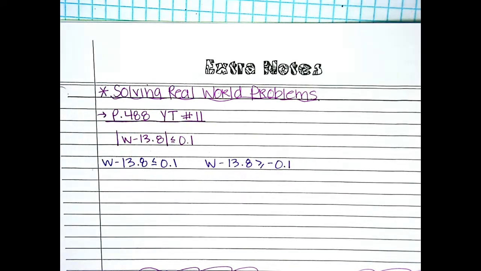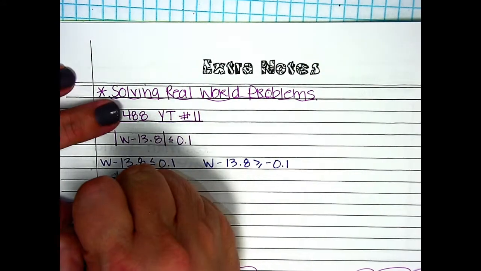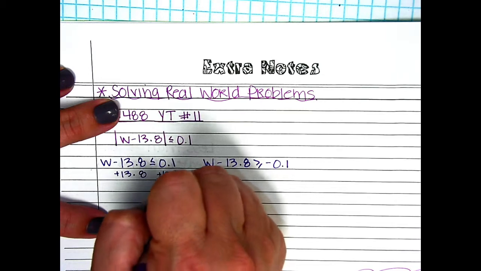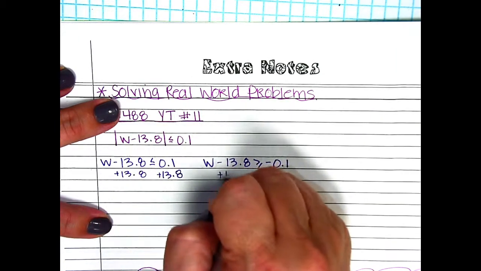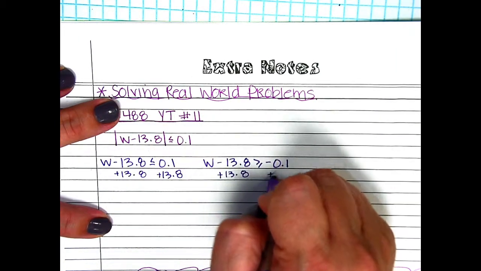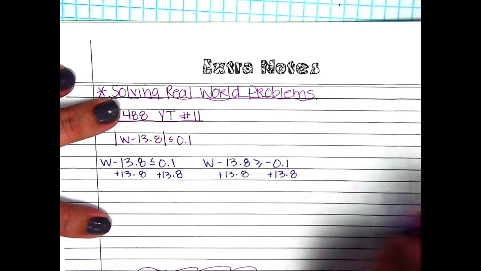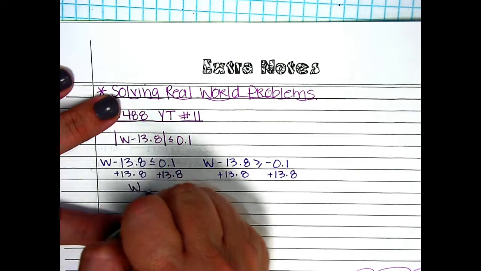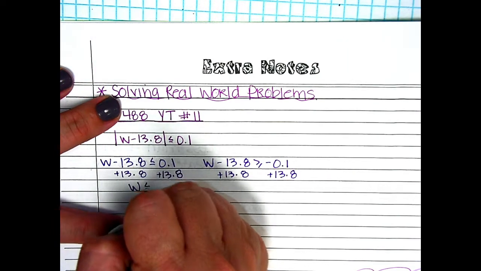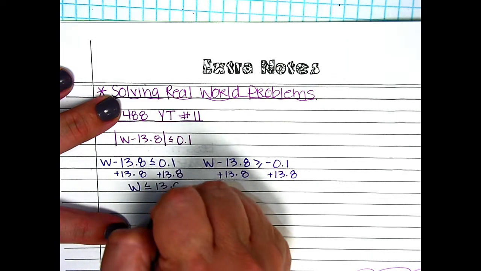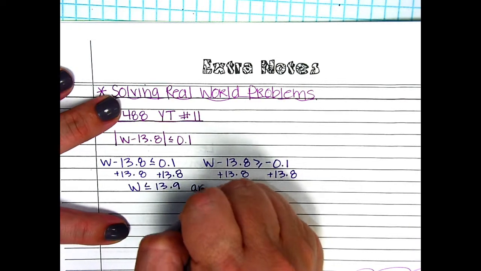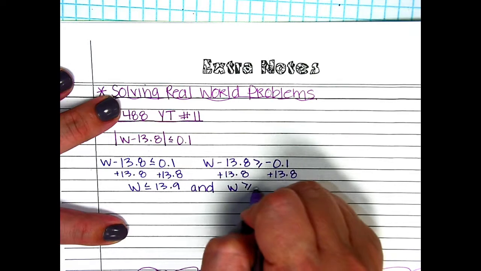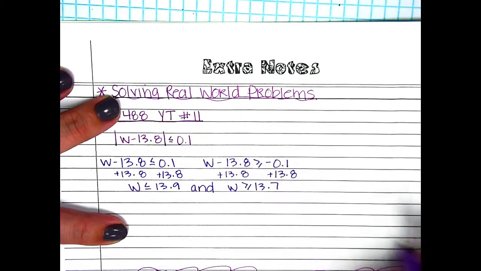So I need to add 13.8 to everything. So I have W is less than or equal to 13.9, and W is greater than or equal to 13.7.